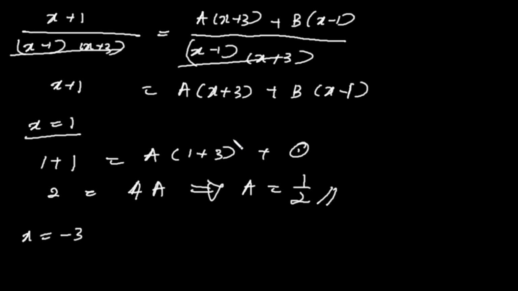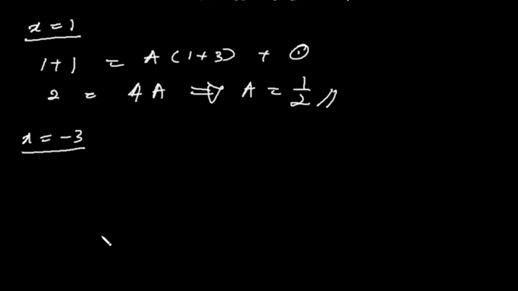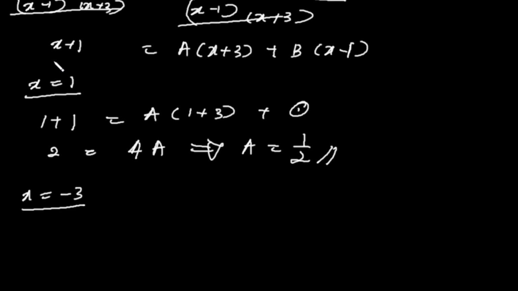If x equal minus 3, this side minus 3 plus 1 equals this part 0 plus b times minus 3 minus 1.